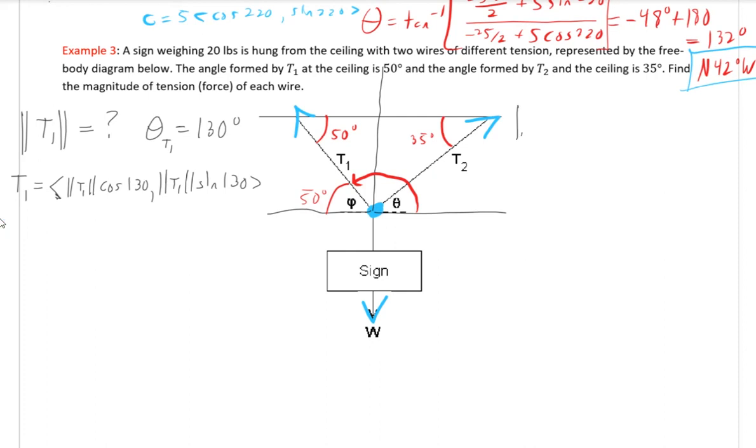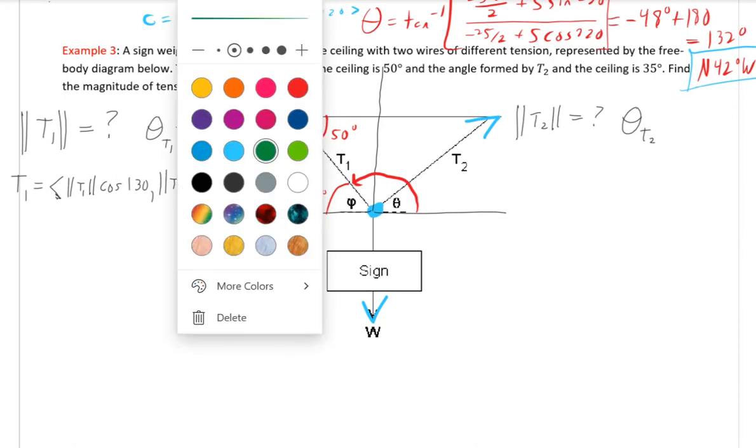T2 also has an unknown magnitude. We're going to find that. But the angle measure of T2 is a little bit easier. T2 has a 35 degree angle measure there. So maybe I'll put that in another color. Let's say green.